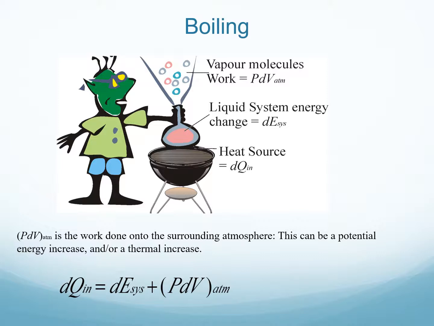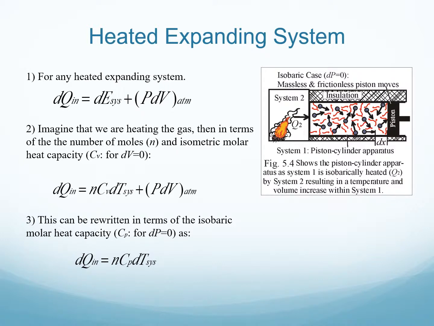But in terms of the first law, we would write this as dQin, which is heat from the barbecue, plus the system's energy change, dE system, plus the work done on the atmosphere, PdV atmosphere. So before we continue, let's just consider what happens when you heat an expanding system of gas.